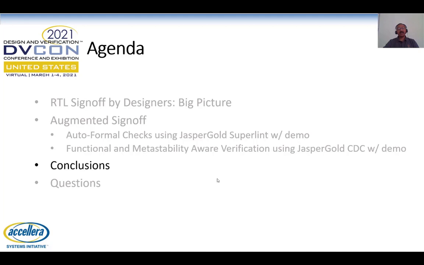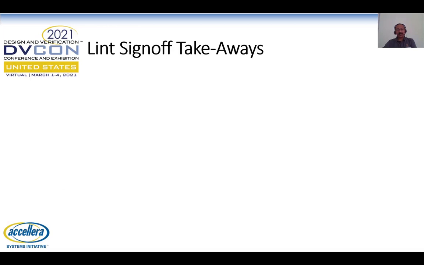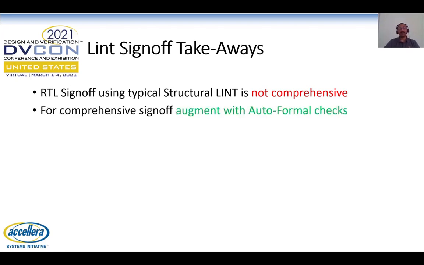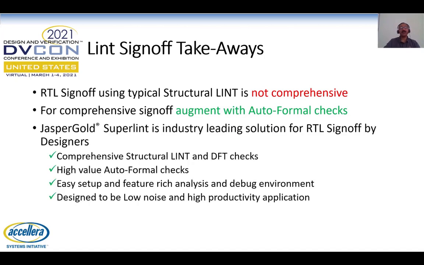Now let's look at the takeaways from today's discussions. On the lint side, RTL sign-off using typical structural lint is not comprehensive enough, and you need to augment your sign-off process with auto-formal checks, which you can do with JasperGold Superlint, an industry-leading solution for RTL sign-off.